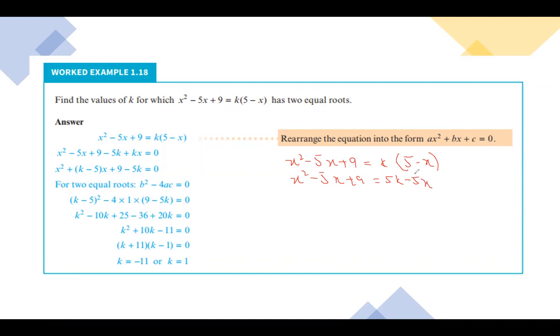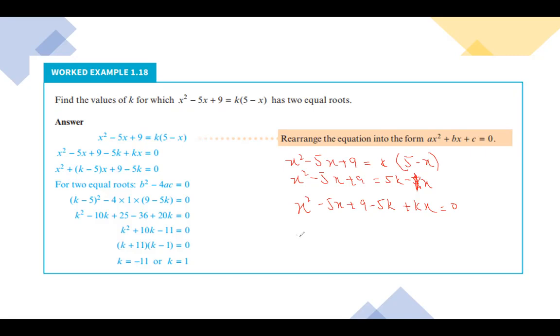So it's kx, not 5x, it's kx. So x square minus 5x plus 9 minus 5k plus kx equals 0.